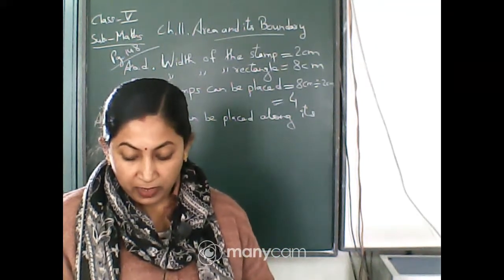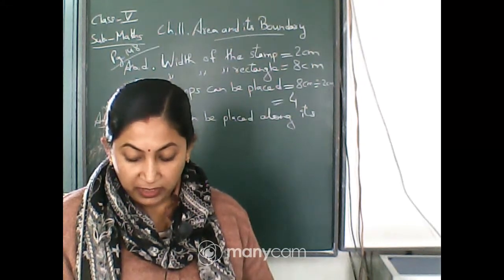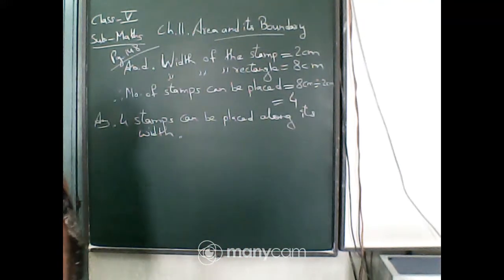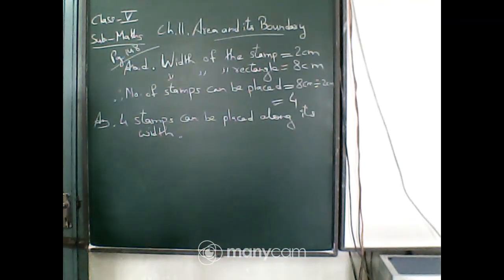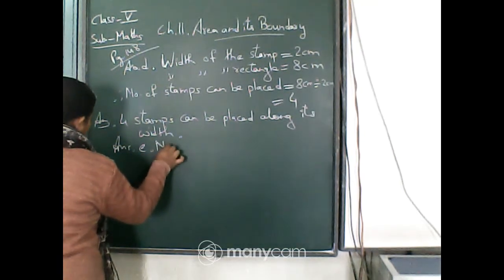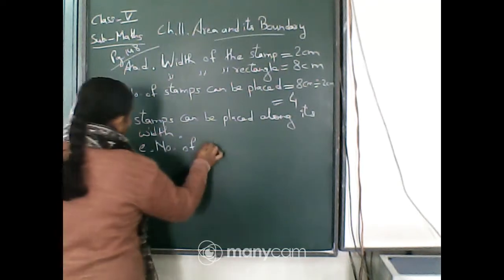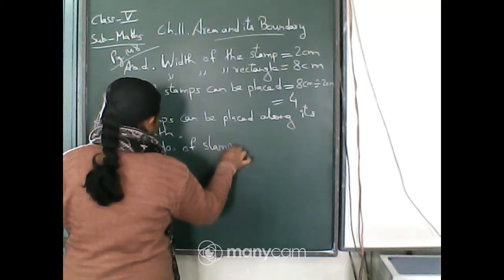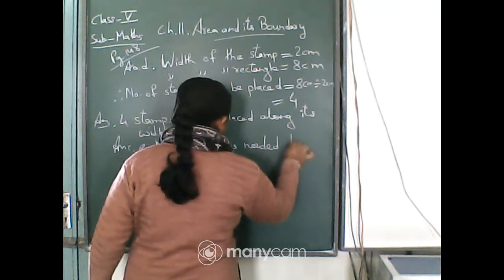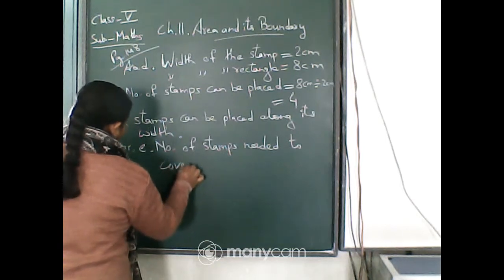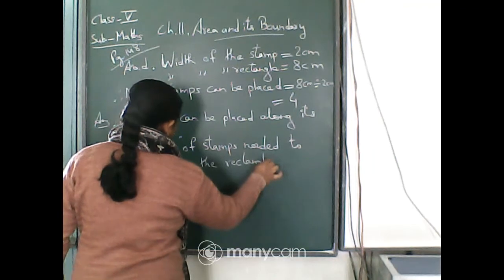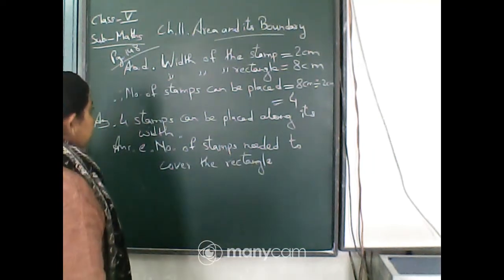So write it down. Number of stamps needed to cover the rectangle is equal to L into B, that means the area we are finding.